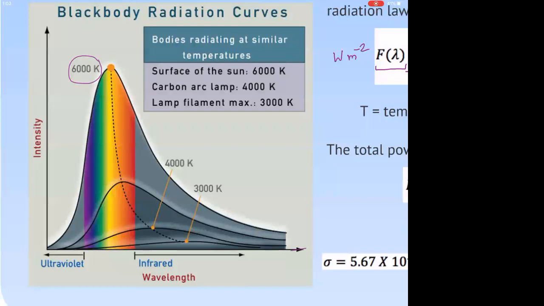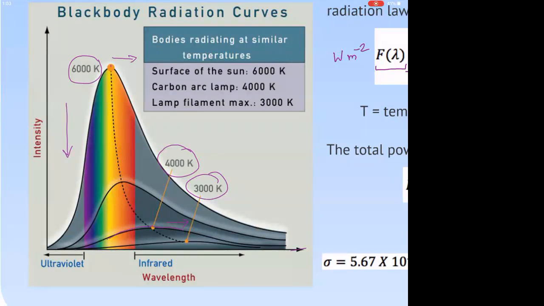As the temperature goes down, you see the plot actually goes down. But the peak of the plot also shifts to the right, to longer wavelengths. Same thing here. Okay, so two important properties: one is that the intensity itself is going down as things cool, but it also shifts to the right.